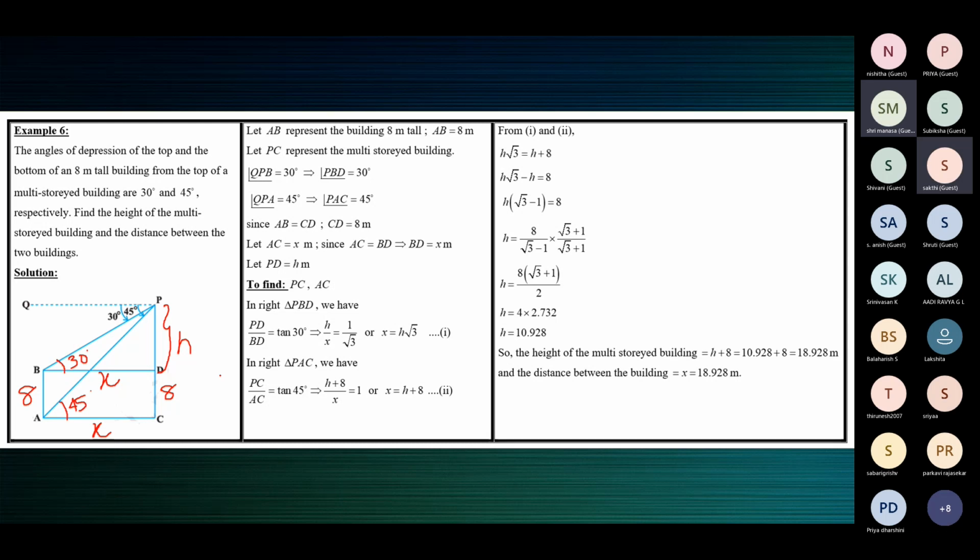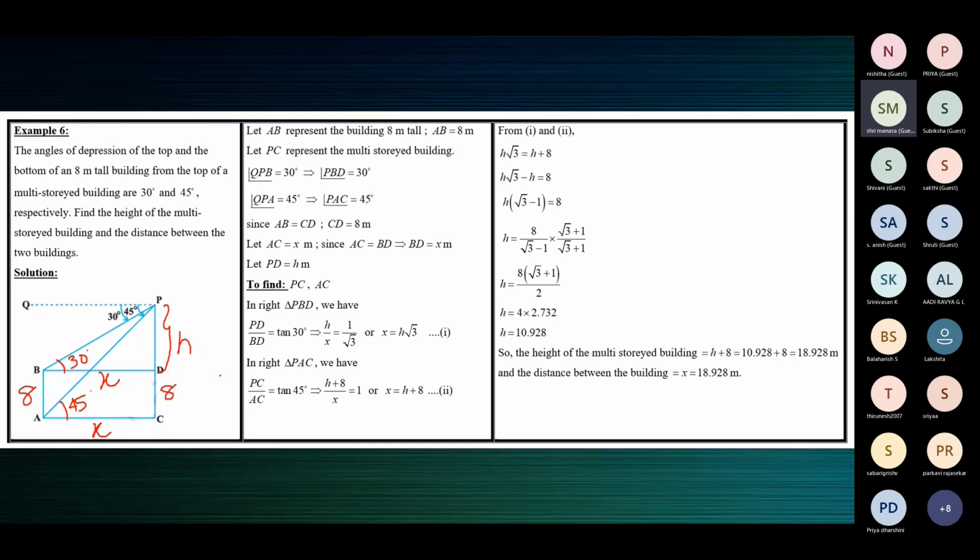Here for the height, they have given us 18.928. Can we round up to 19, ma'am? Oh, you're asking about the answer. We normally don't round it, we leave it as a decimal.